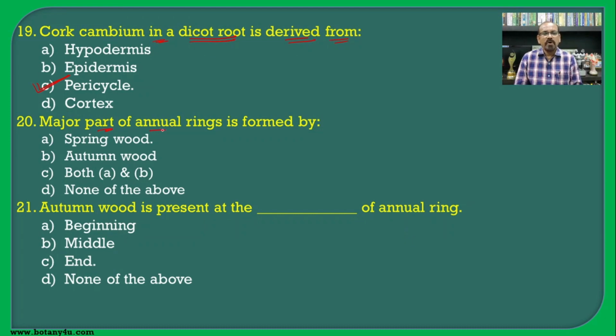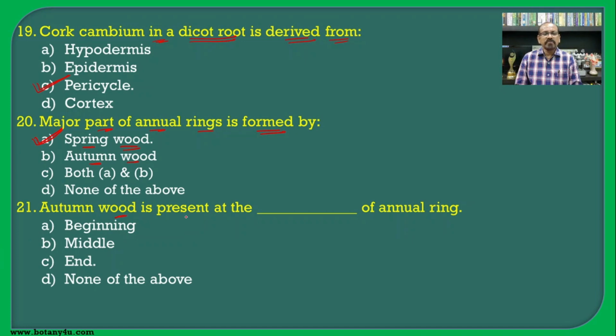Major part of annual rings is formed by. If you see the annual rings, most of the part is made up of spring wood, and a very small part is made up of autumn wood, and hence spring wood is the answer for this question.